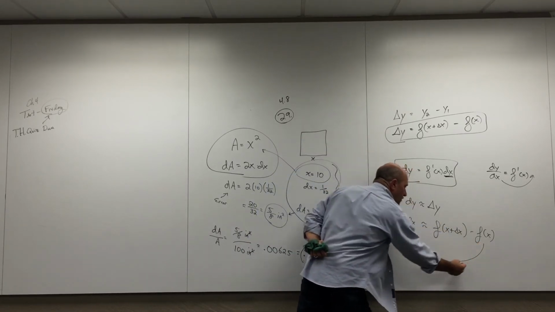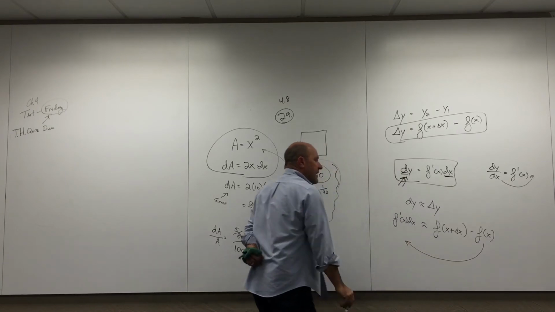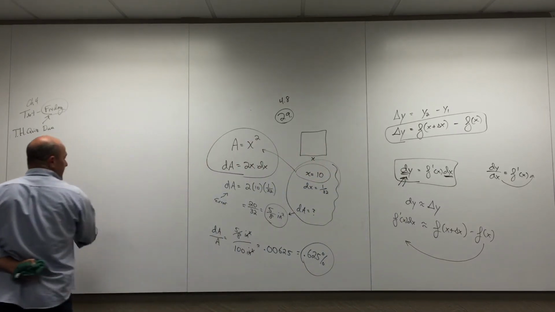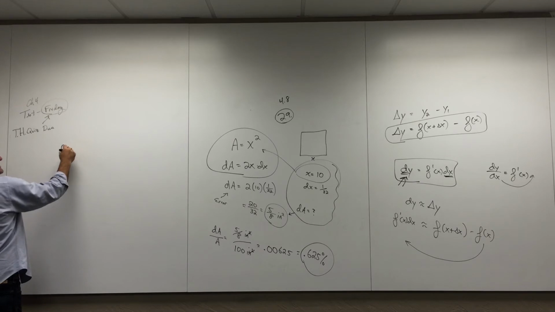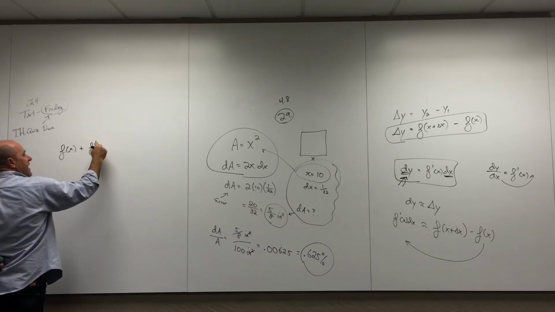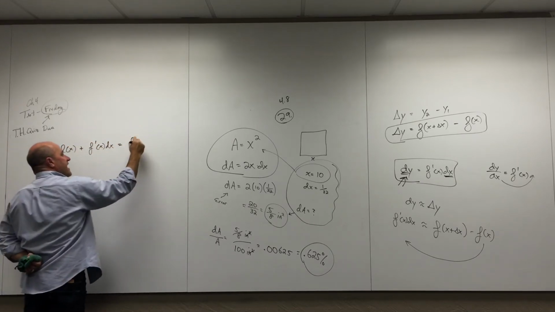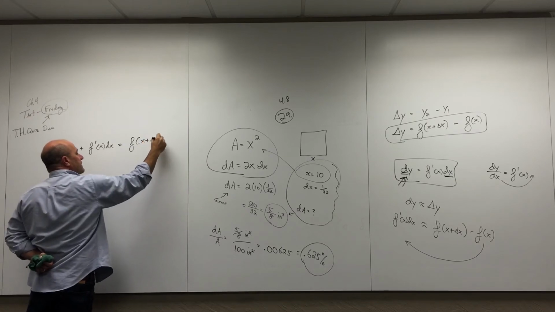I move this over here, and I create this: f of x plus f prime of x dx equals f of x plus delta x.